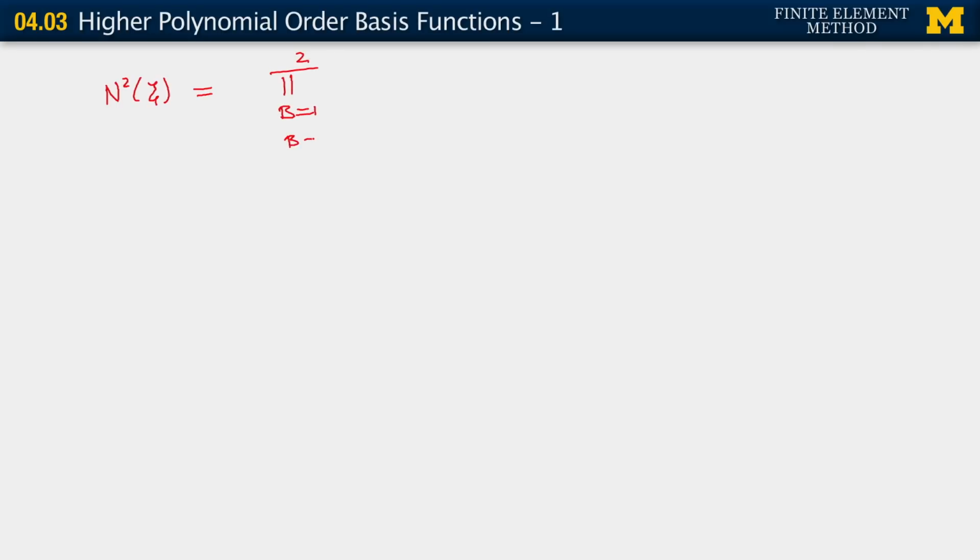Now B not equal to 2. Here we get ξ minus ξ_B divided by the product over the same limits of ξ_A, which in this case is ξ_2, minus ξ_B. And in those limits we recognize that the only value B is allowed to take is 1.